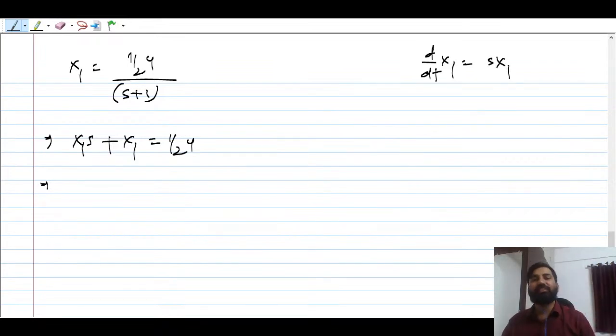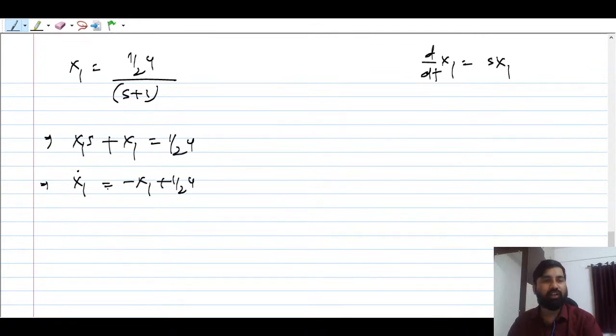This is nothing but a differentiation. If you multiply anything with s in the frequency domain, that becomes differentiation. So it is a first order differential equation. x1 dot, the differentiation of x1, this is the state vector, is going to be equal to minus x1 plus 1 by 2 U. So this is the first equation that you can obtain. I believe this is fine.